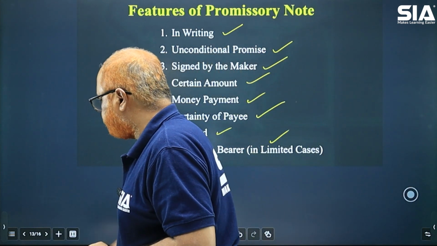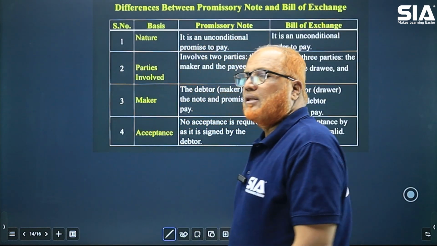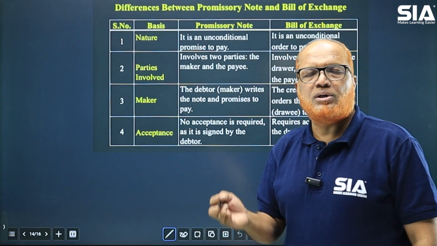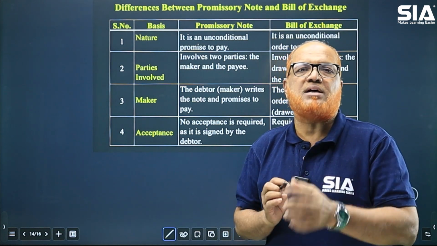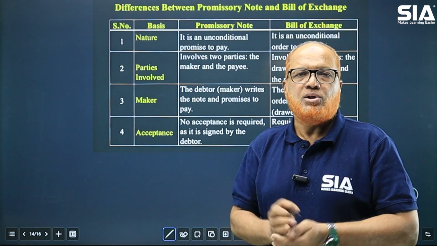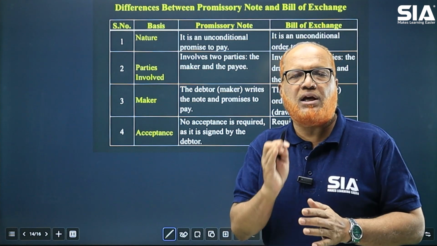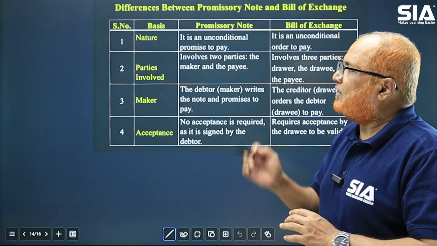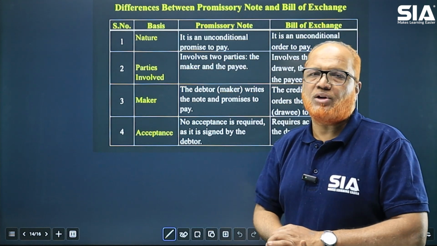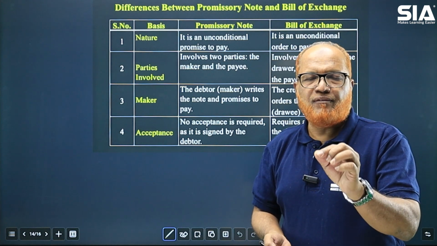Now the next thing is the differences between promissory note and bills of exchange. This question was asked many times in previous examinations, so watch the video and listen to the lecture carefully with full concentration. So what are the differences? The first difference is in nature and form.